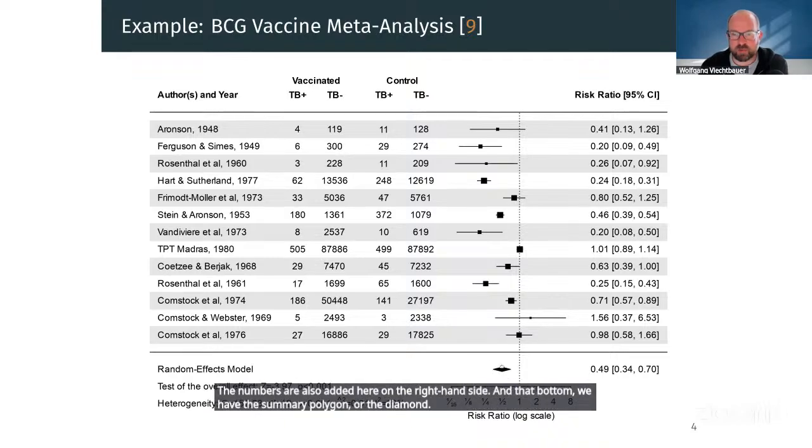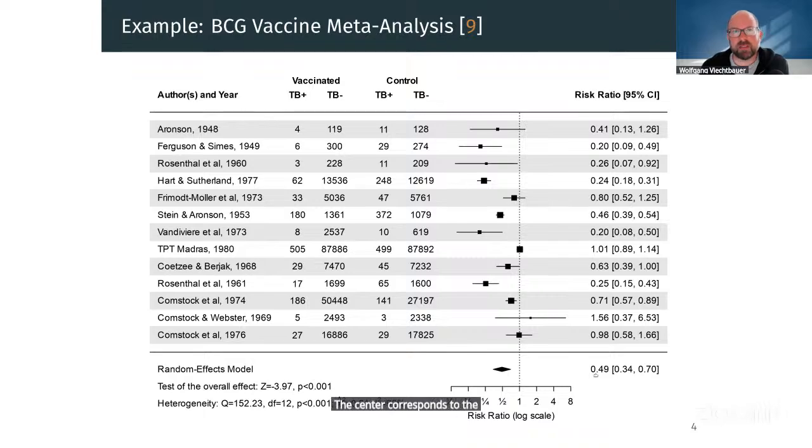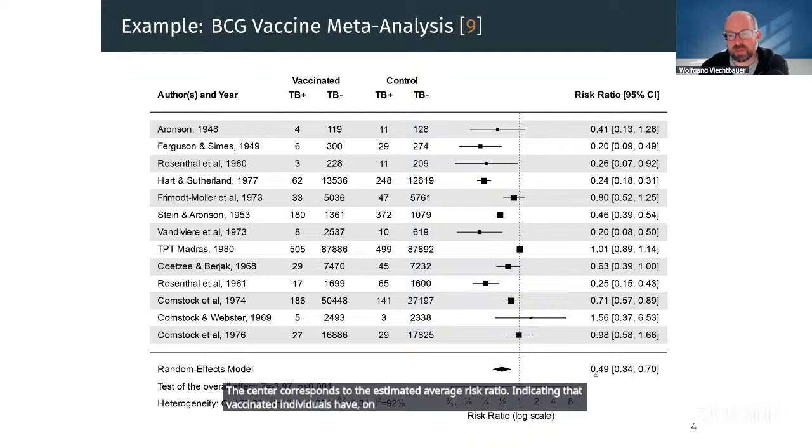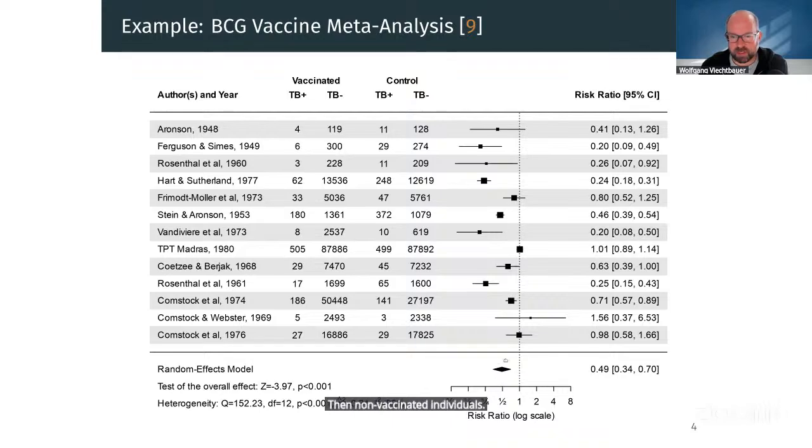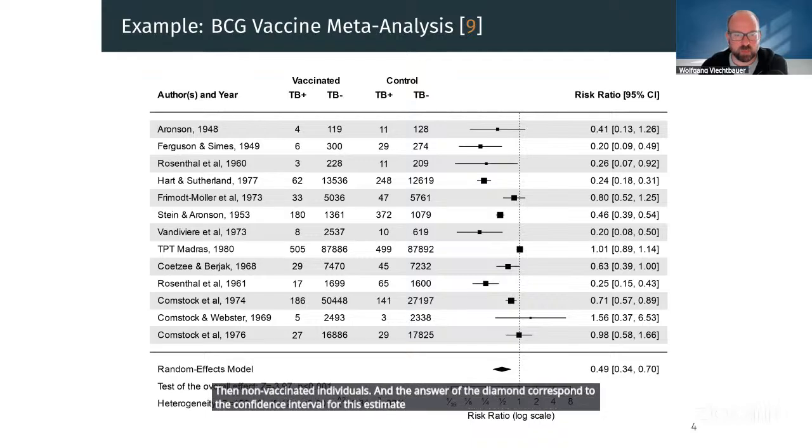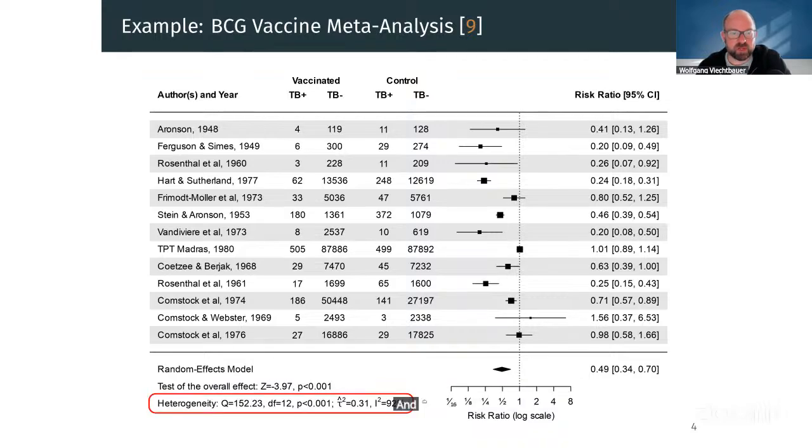The center corresponds to the estimated average risk ratio, indicating that vaccinated individuals have, on average, a 50% lower infection risk than non-vaccinated individuals. And the ends here of the diamond correspond to the confidence interval for this estimate. Then we have information about the statistical significance of the overall effect and information about heterogeneity.